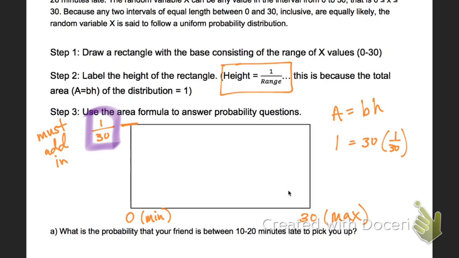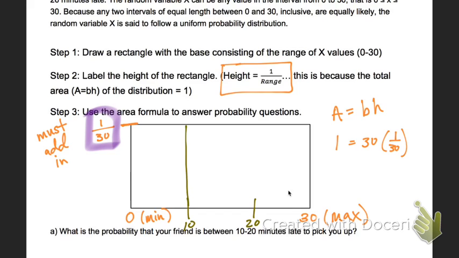From there, it's going to ask you questions of probability of intervals. So, in this case, for part A, it's going to say, what is the probability that your friend is between 10 and 20 minutes late? Now, I do want you to show your work on this when I'm grading it on the test. I'm going to expect that you show your work because it could be really easy to just give me an answer.